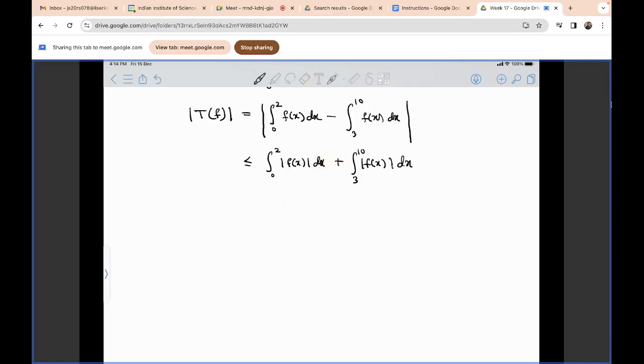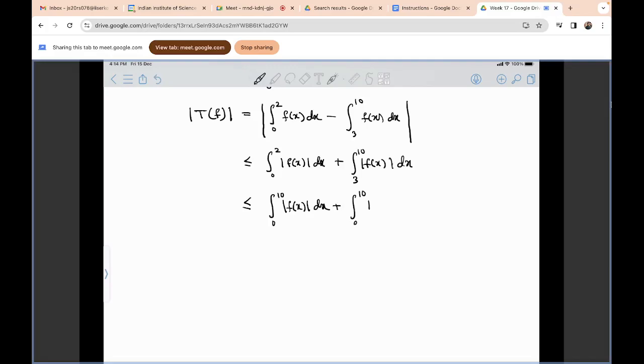As these are positive, I am extending the ranges: the first integral I make 0 to 10, and the second is also 0 to 10. So this is 2 times the integral from 0 to 10 of mod f(x) dx.